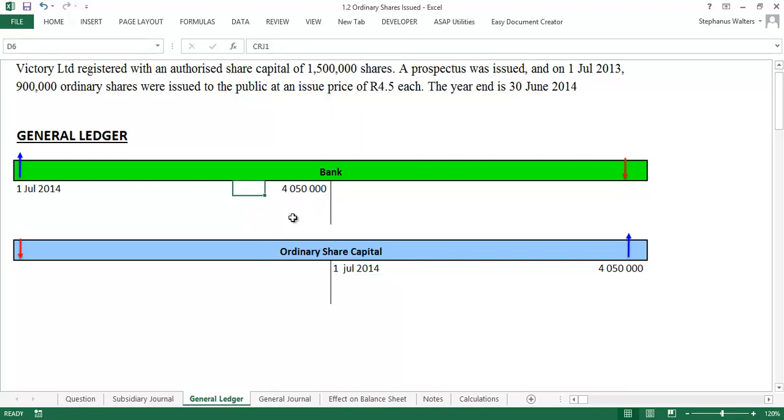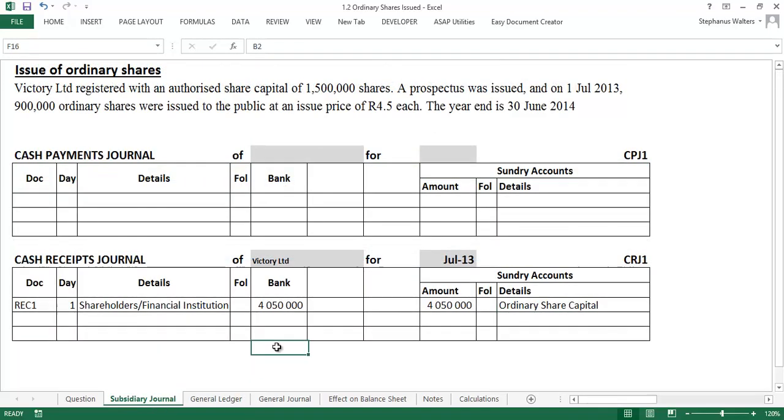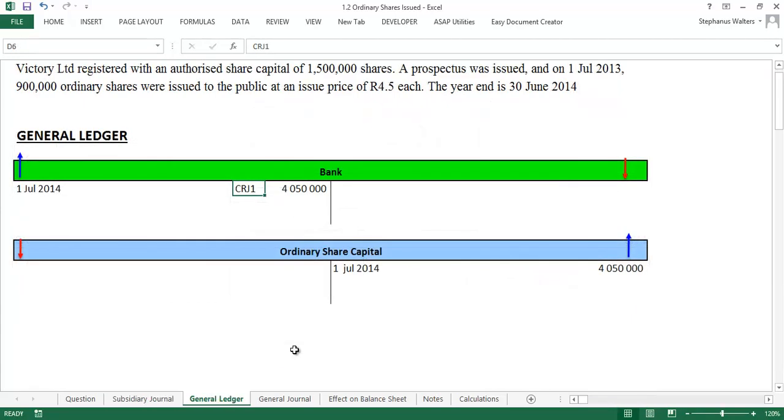And in this case, we recorded it in the cash receipts journal. So this is what they call posting. Now we got this amount from the cash receipts journal. So we're going to go to my cash receipts journal, and I'm going to put here a folio reference of B. What is this? Let's go back. Well, we haven't given one to bank yet. Let's make bank B2. All right, there we go.